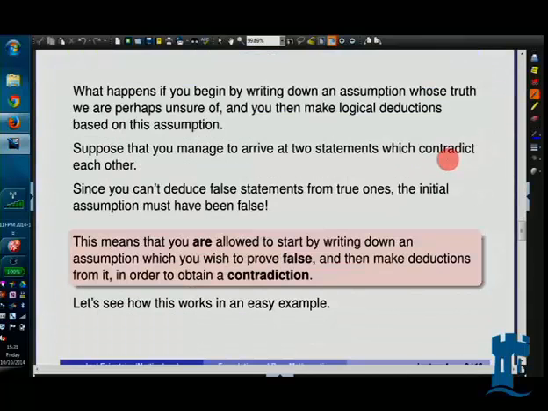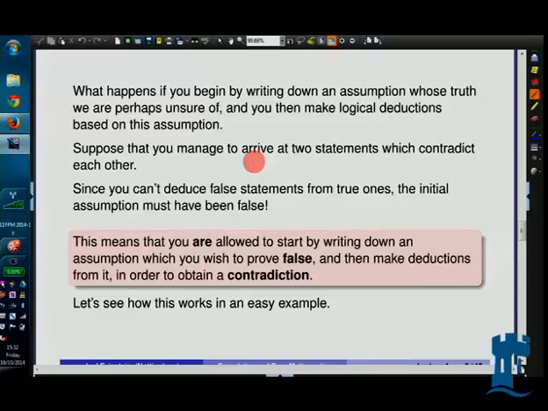So let's have a look at that. You start by writing down a statement and you're not sure whether it's true or false. And now you start making deductions based on that and other standard things that you know to be true. And now you arrive at two other statements which contradict each other, like you discover that x equals 2 and x equals 3, somewhere along the line. Okay?